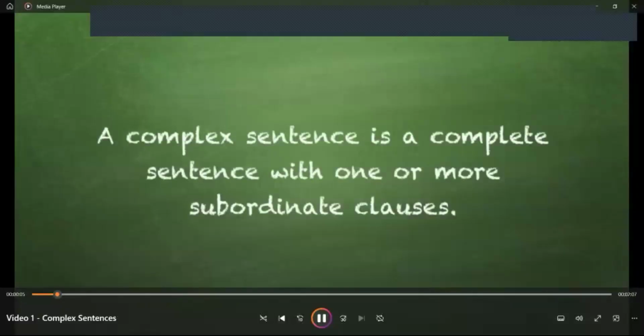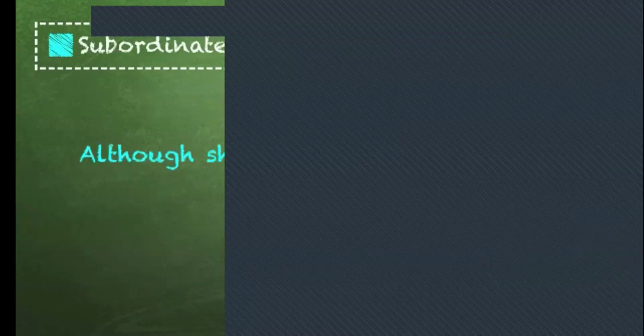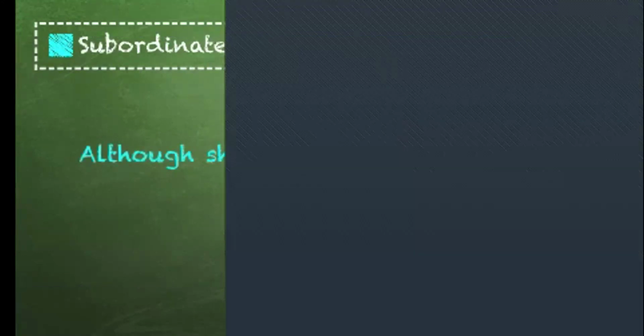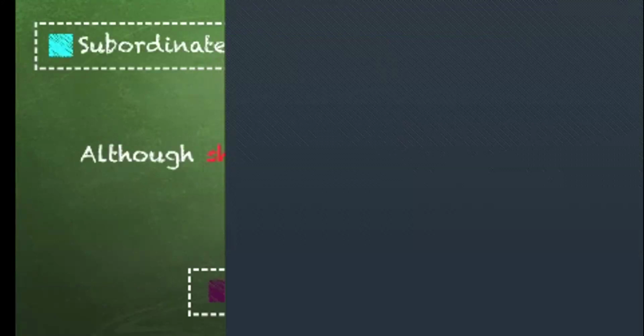A complex sentence is a complete sentence with one or more subordinate clauses. A subordinate clause has a verb and a subject, but doesn't form a complete sentence on its own, and relies on the main sentence for its meaning.